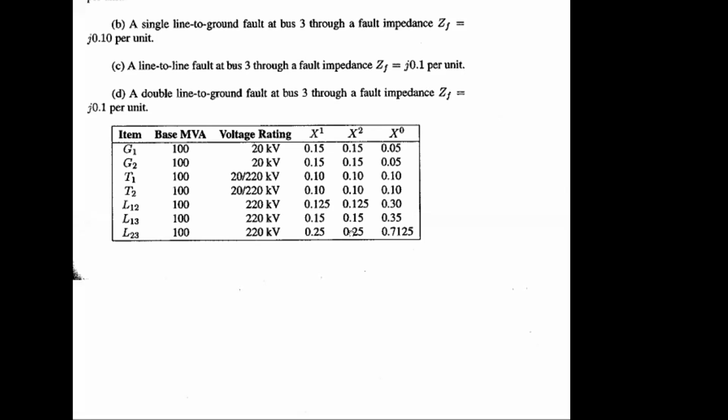Generally X1 and X2 will be the same. If they are different, it will be exceptional, so check when you start the problem whether they are the same or not. If they are the same, you can use the Z1 information for Z2. The third one is Z0, and regarding Z0 you have to be careful. This column is different from the other two. So now you have to do the same Thevenin equivalent resultant for Z0 as well.